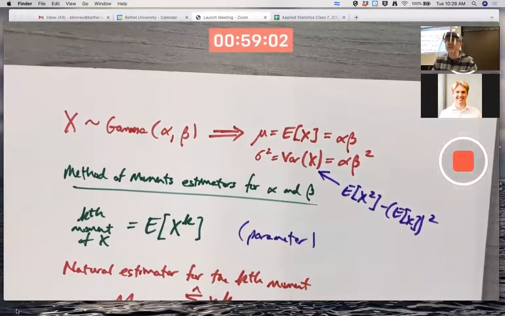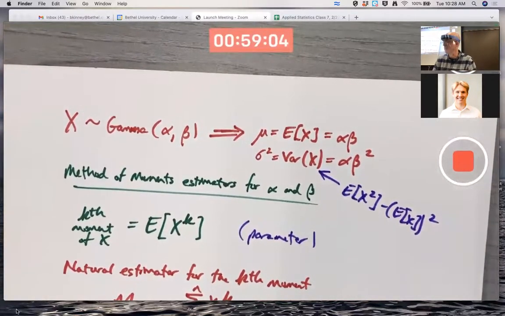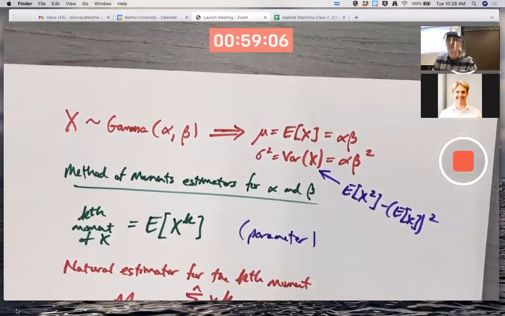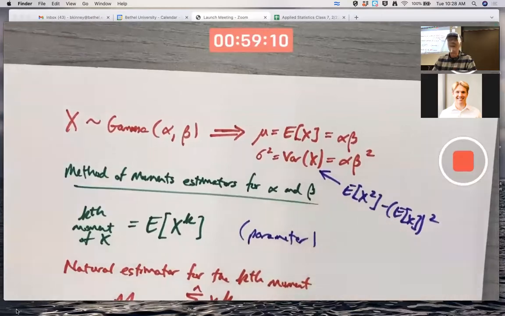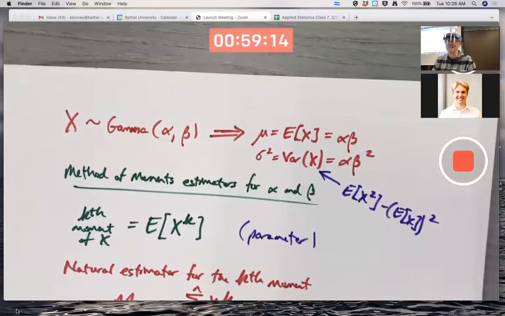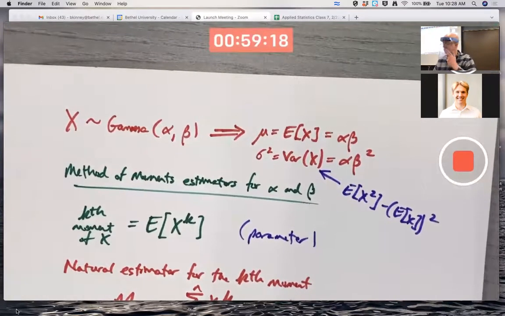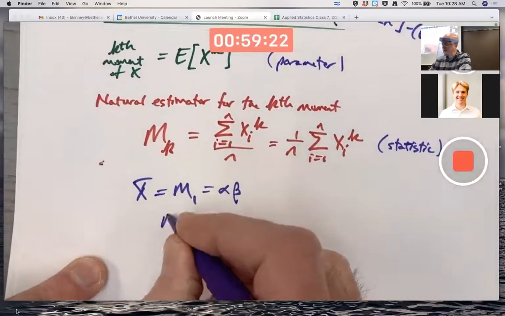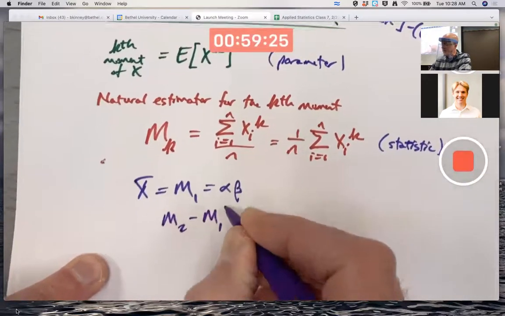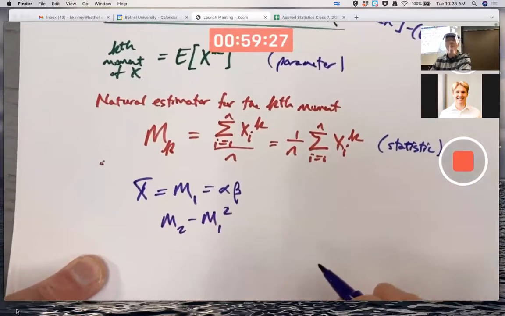I'm not saying it equals M2, and E of X itself does not equal M1. I'm replacing these parameters by natural estimators, which are statistics. They're not equal, but it's a logical replacement to make for this method. So M2 minus M1 squared is what sigma squared gets replaced by.